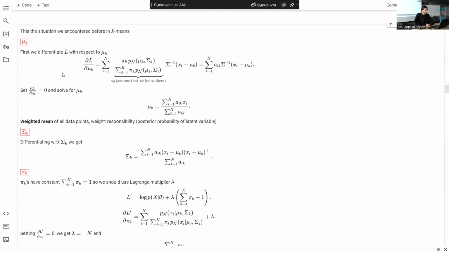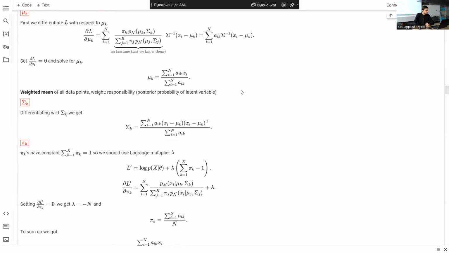So let's do that. Taking the derivative, having this expression. Nice. What now? We can write the value of mu k in terms of aik. Here it is. We set this equal to 0, we solve for mu k, and so on. So here is the result.